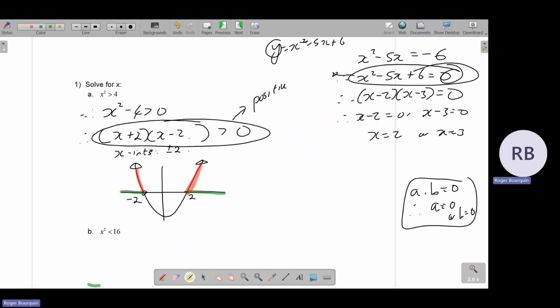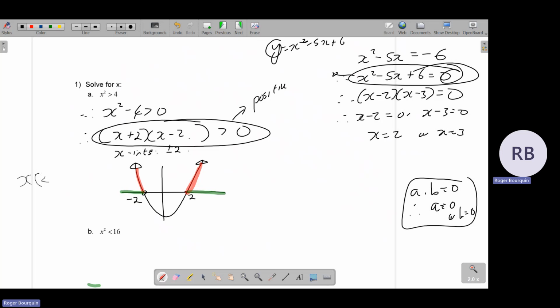So that region on the left, how can I write that? How do I write the numbers going to the left of negative 2?